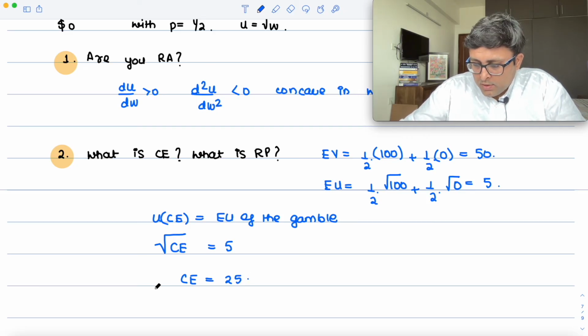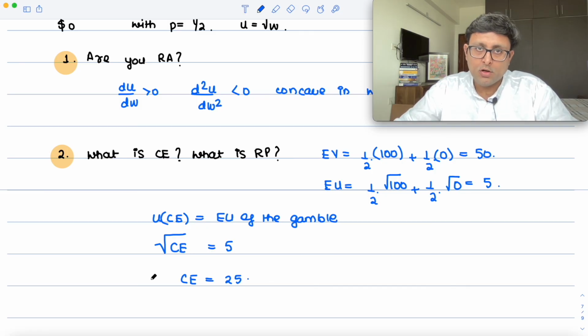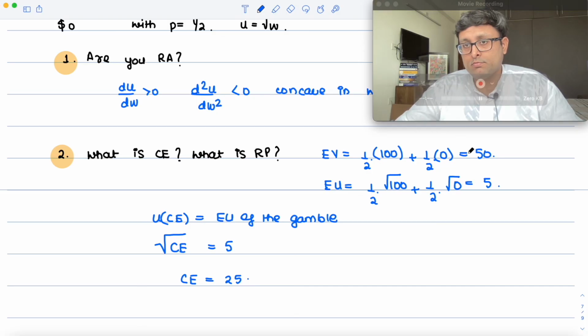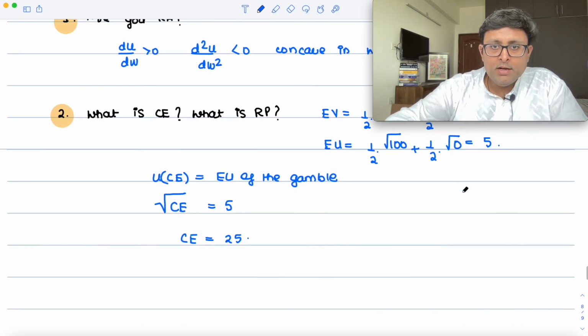So you are indifferent between having certainty equivalent, I mean, this amount of wealth, $25 of wealth with no risk, or a risky lottery which is going to give $50 in expectation. This one, right? So just write one line.